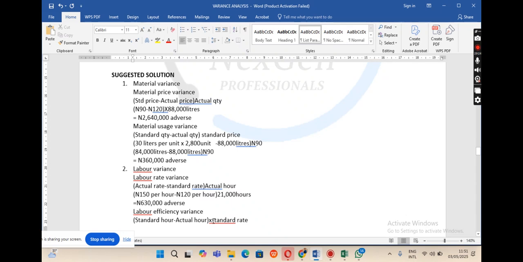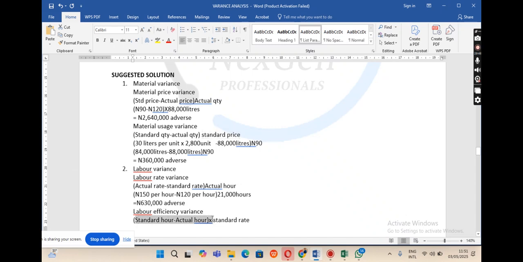Class, check what you did in material and usage. The first one, you multiply by actual because it is price. The first one, you multiply by actual hour because it is rate. The second one, because it is quantity, you multiply by standard price, right?